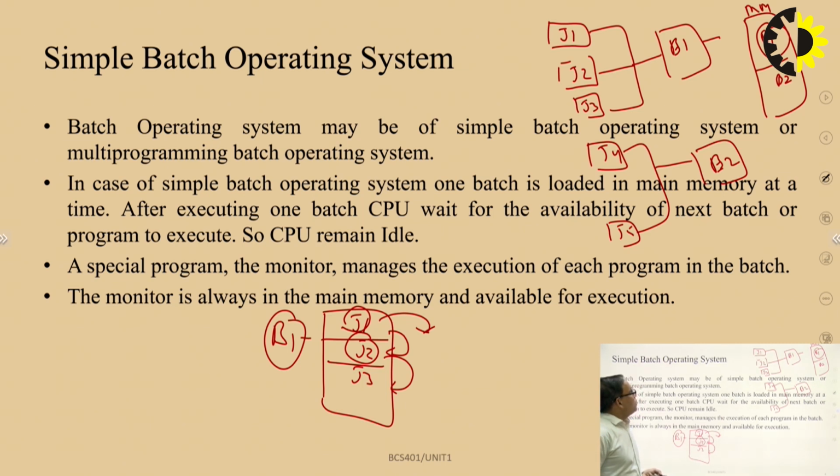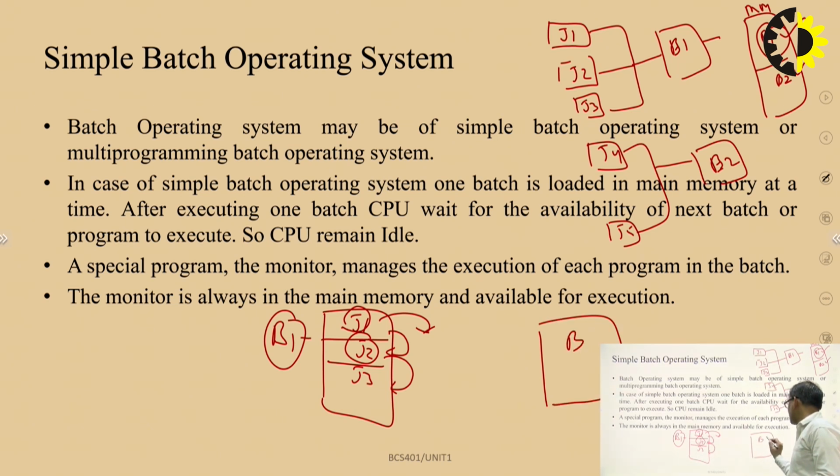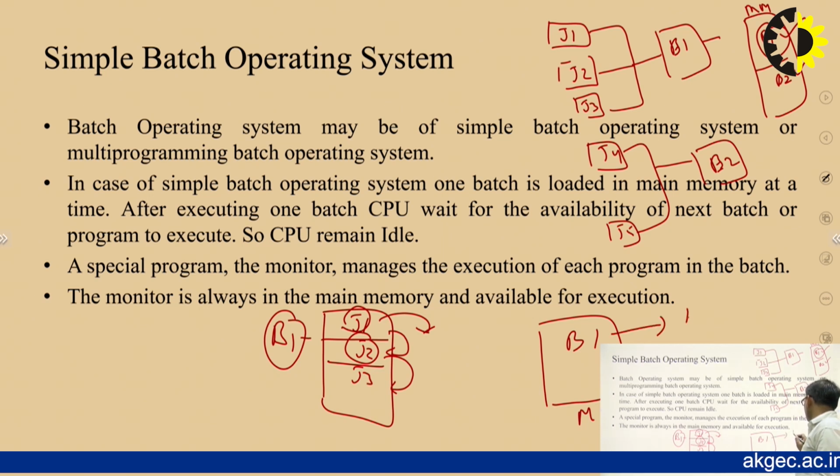Again, the batch operating system is of two types: simple batch operating system and multi-programmed batch operating system. In a simple batch operating system, the batches are loaded into memory one by one. It means at a particular instant of time, only one batch will be available in main memory. At first batch 1 is loaded into main memory, the CPU starts to execute batch 1 and executes all the jobs defined inside it.